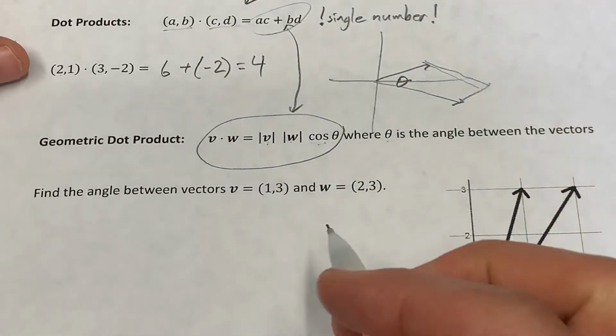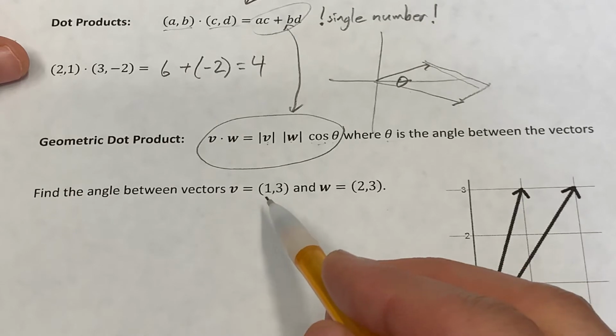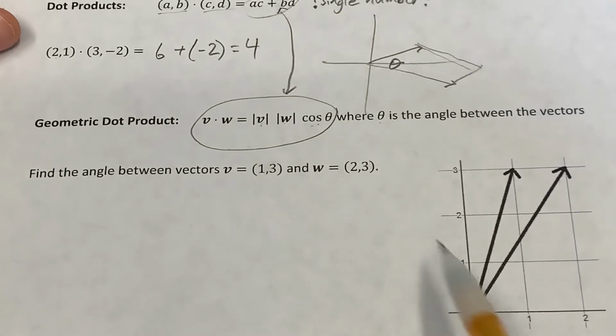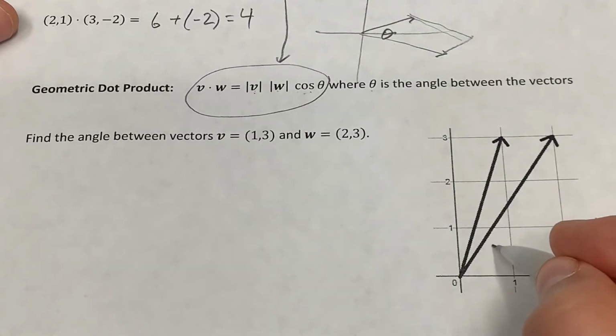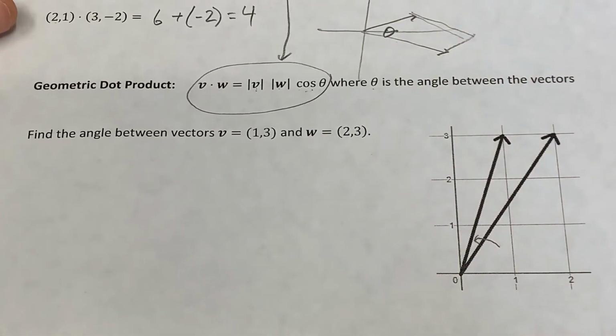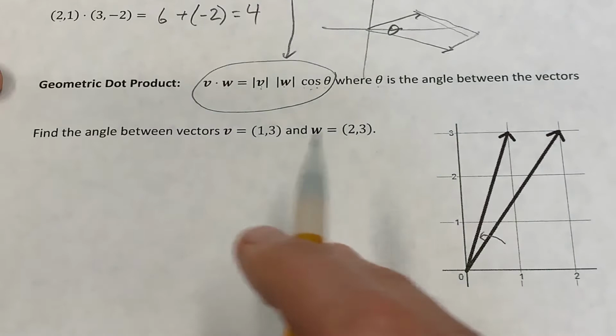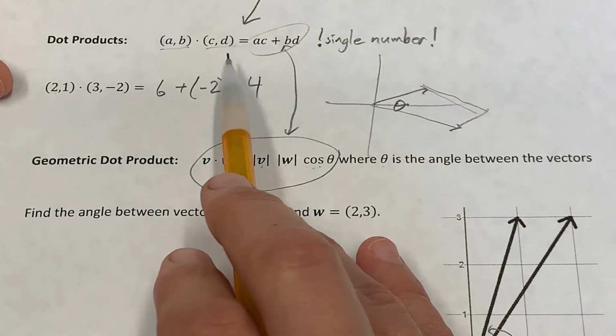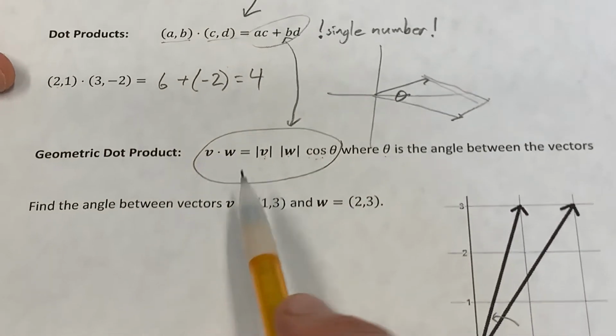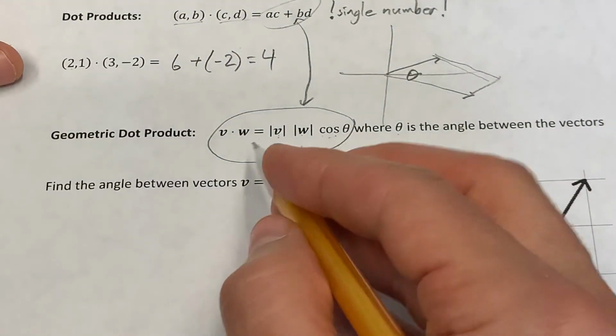Let's imagine I have two vectors, 1, 3 and 2, 3. I've written them there, and I want to find the angle between them. How on earth do I go about finding the angle between these two things? It turns out this geometric description, along with the algebraic way of calculating the dot product, will see me through.